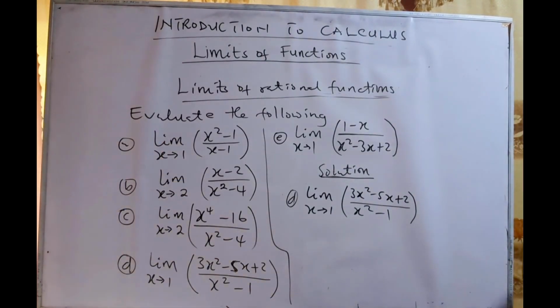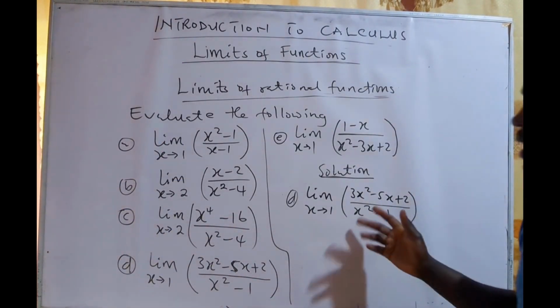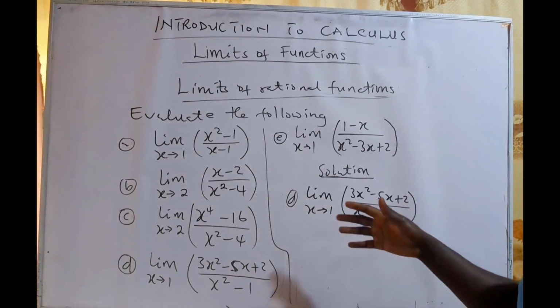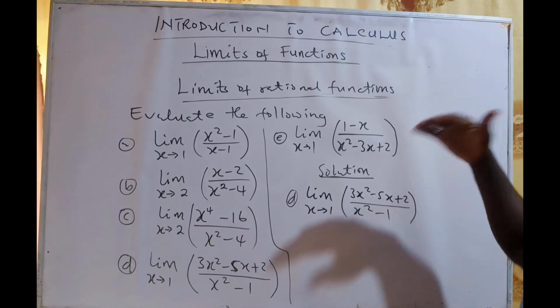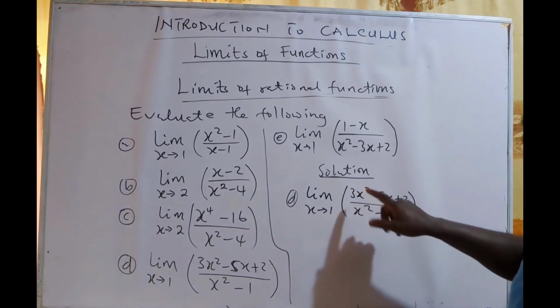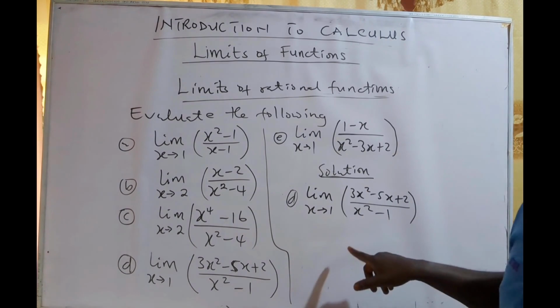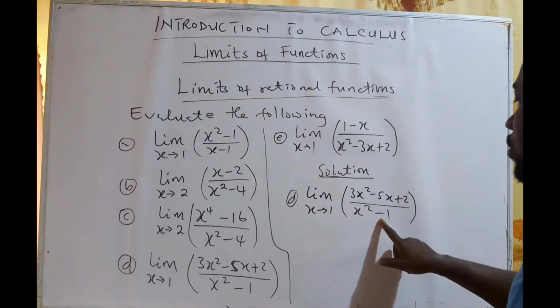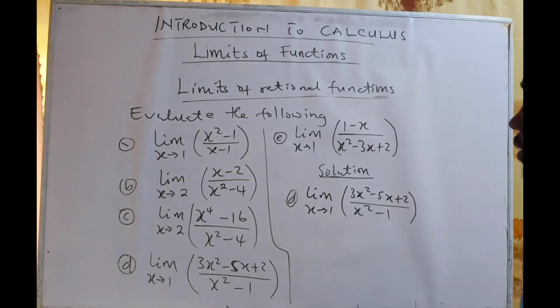Okay, so as you are doing a rational function, before you substitute the value of s into the function, check that the denominator will not give you 0. So 1 squared is 1, minus 1 is 0. Okay, so it means you have to factorize. So if you can get a common factor.